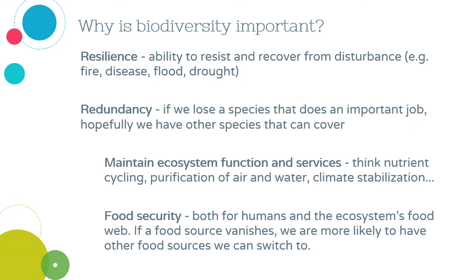So if you have 5 different types of berries that many different animals in that ecosystem eat, and one of those types of berries is wiped out by some disease or doesn't survive through these particularly long drought that we have, we'll at least have 4 other berry sources that can continue to supply the other organisms that live there.